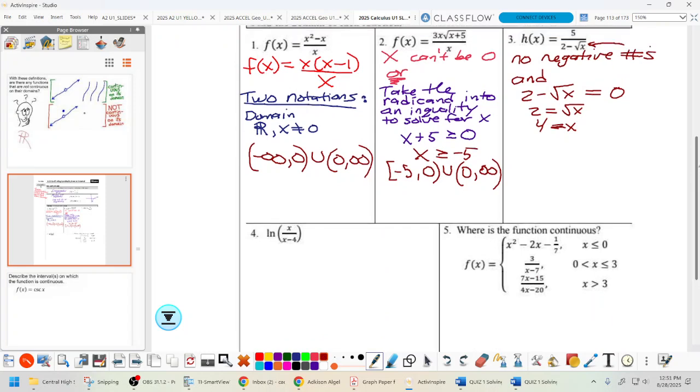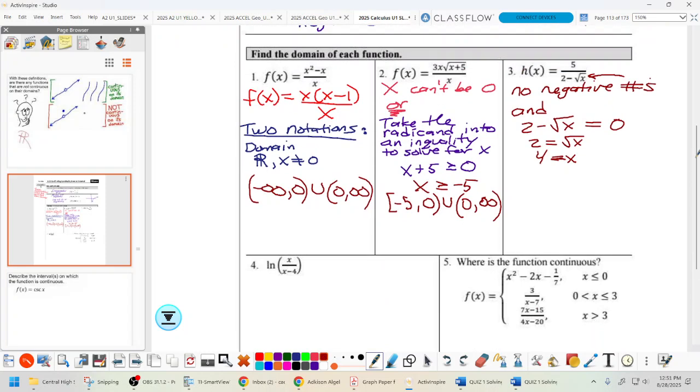So how would we write this notation? No negatives and no 4. Can it be 0? Yep. So that's a good place to start. So 0 to 4. Can it be 4? No. Can it be above 4? Yeah. Yes. Okay.